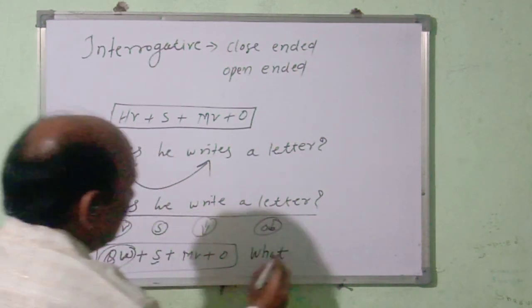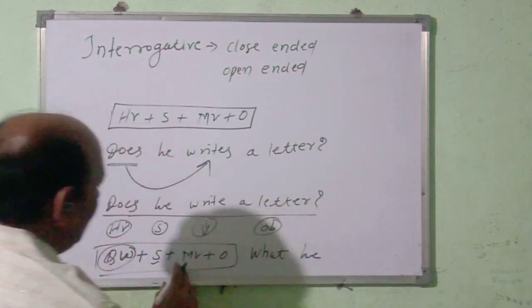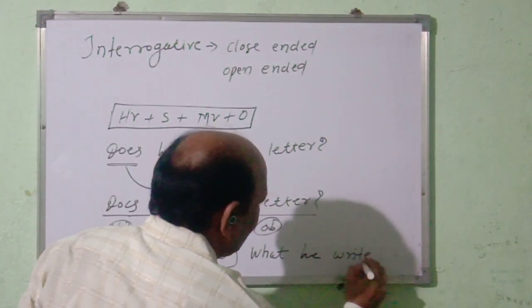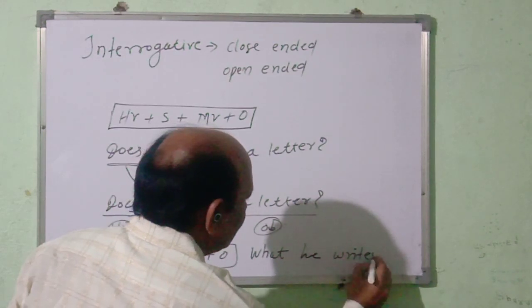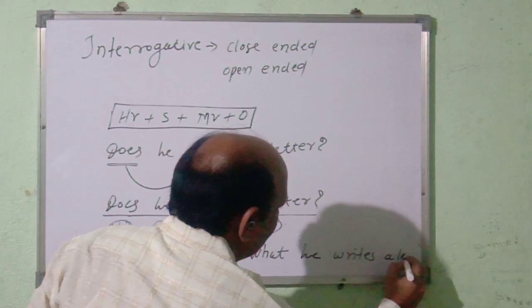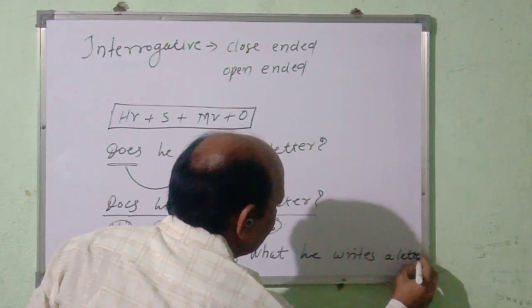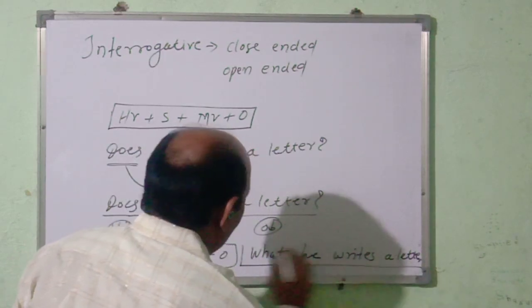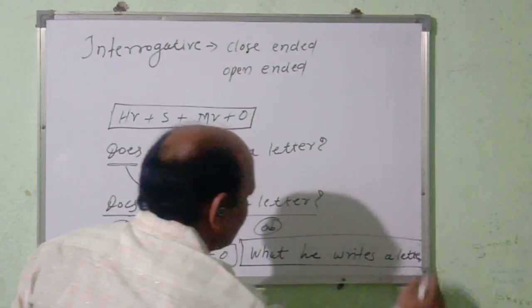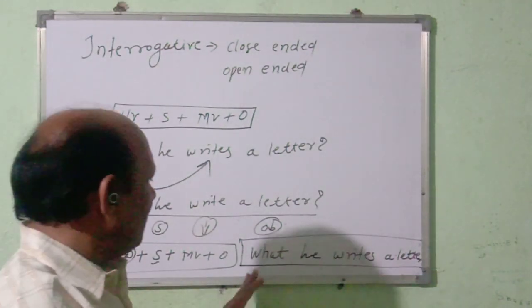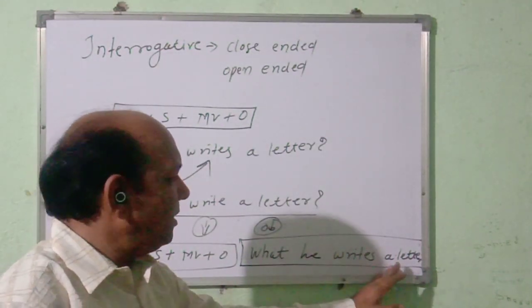Then subject he, then main verb, that is write, writes, then object of the sentence, that is letter, a letter. Just see here and read this sentence. What we wrote here: what he writes a letter.